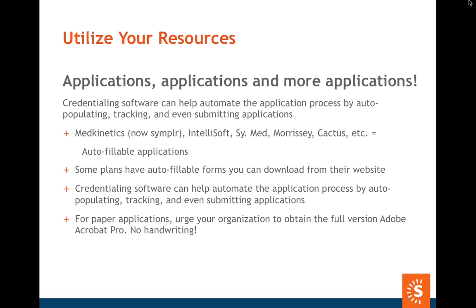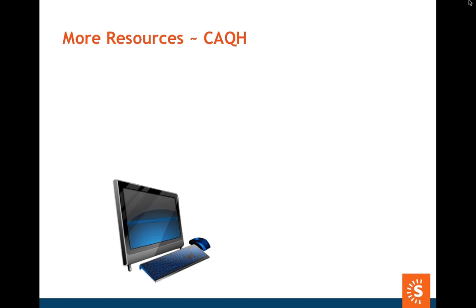The software helps to auto-populate the applications, which is a huge time saver. I found that software is very efficient in helping manage the entire overall process. Some plans have auto-fillable forms that you can download from their website, which is really helpful. It helps minimize hand printing on your applications, which you don't want.